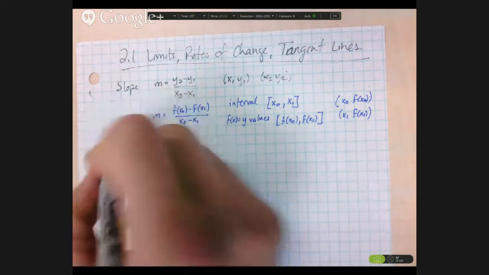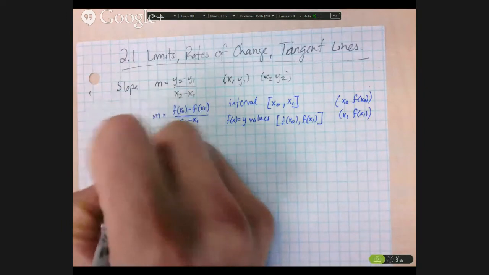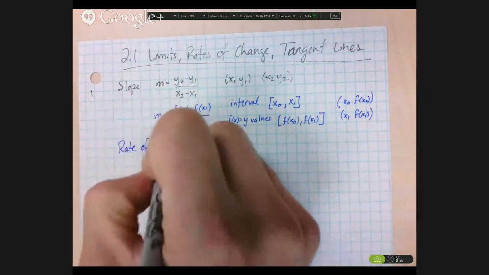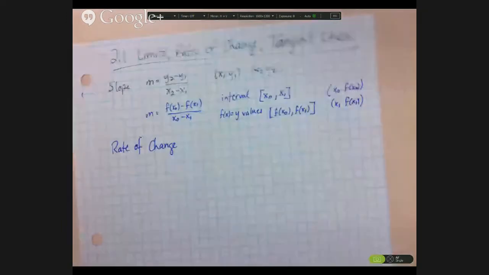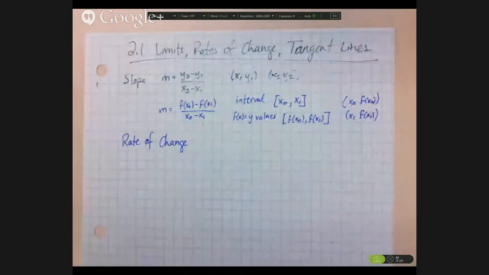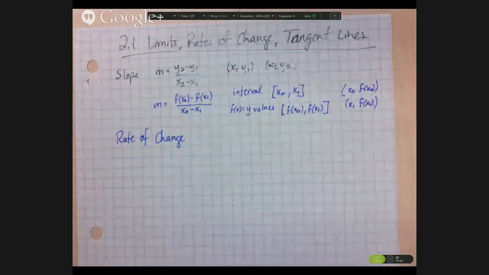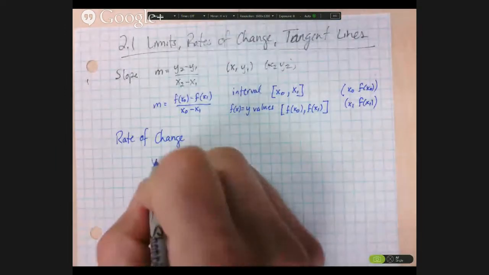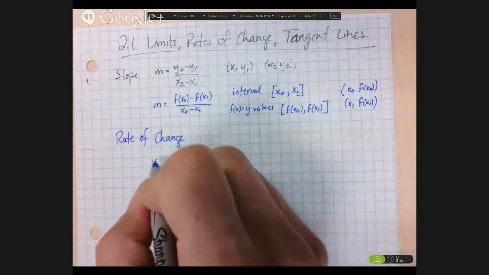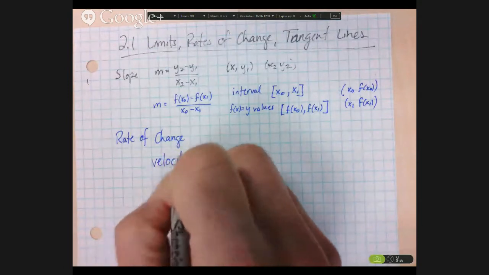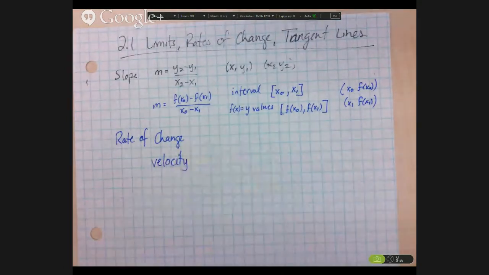Slope is also called rate of change. With our vertical realignment of the math curriculum, you should probably know that. So a rate of change could be something like velocity.